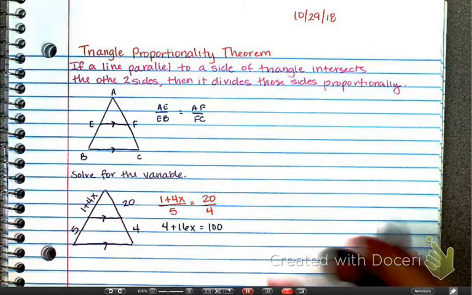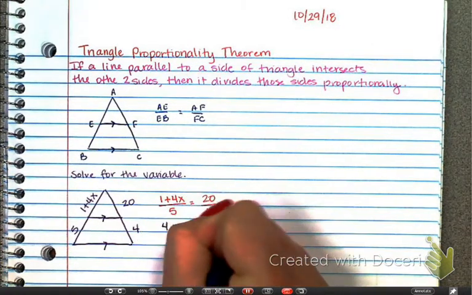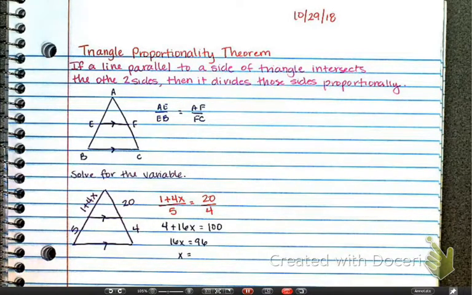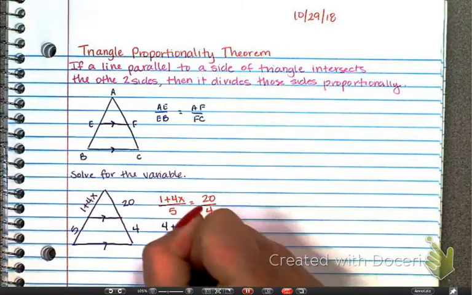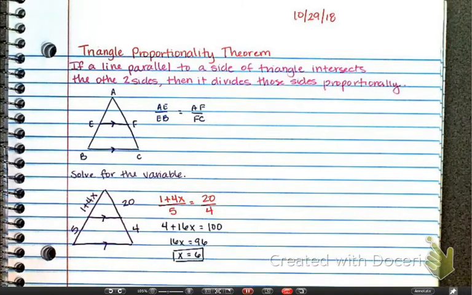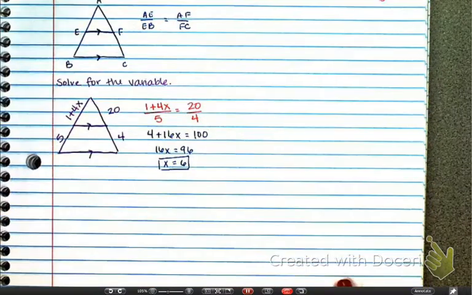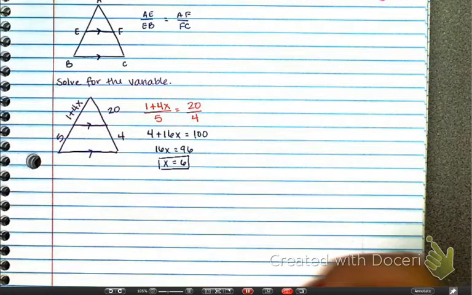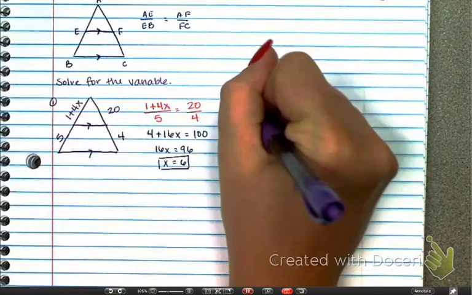Subtract 4 from both sides, so 16x equals 96, and you get x equals 6. 96 divided by 16 gives me 6. Okay, so it's just another way to set it up. Are we okay with that? Yeah?